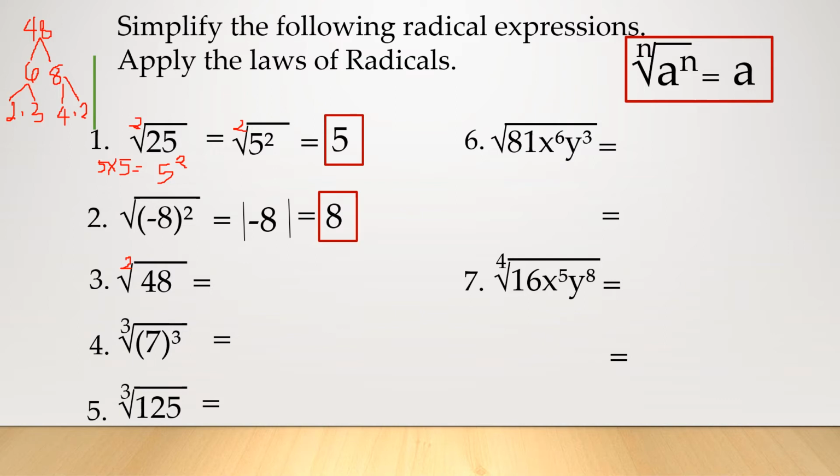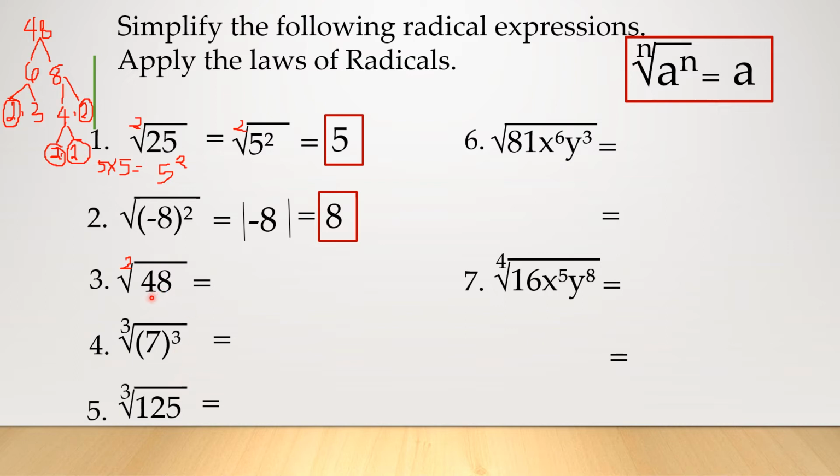Now, you can stop right there, or you can continue up to the end wherein all the factors are prime numbers. So now we have 2 and 2, that is a perfect square. Another 2 and 2, another perfect square. Which means that 2 times 2 is 4, times 2 is 8, times 2 is 16. And for sure, 16 is a perfect square because they are in pairs here.